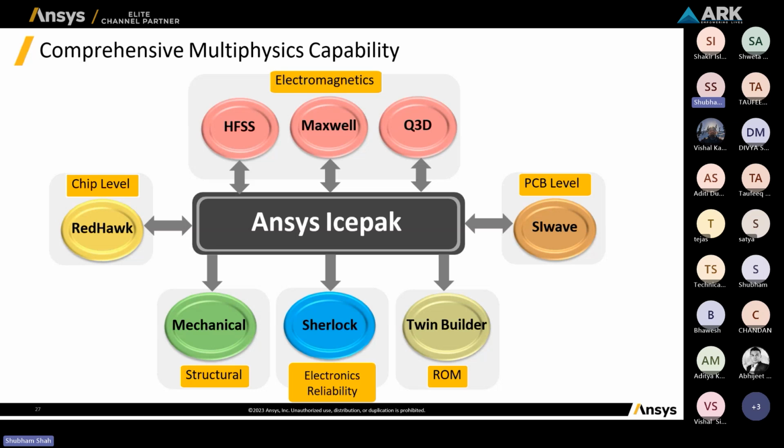So the full structure, including batteries, your structural part, your powertrain, your BMS, will come under your system configuration. When we want to perform this kind of simulation, we also have the option of Twin Builder. Or let's say you want to additionally go with the ROM model, so you can go with Twin Builder as well. These are a few of the other capabilities which are present.